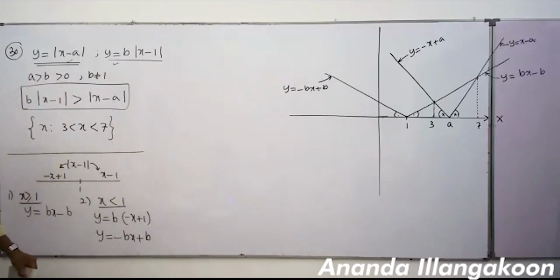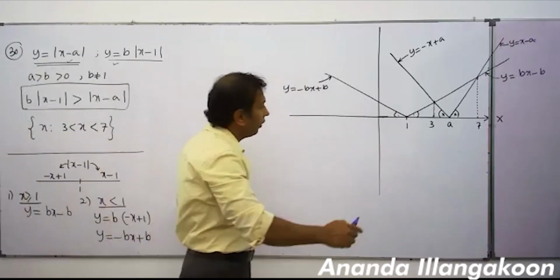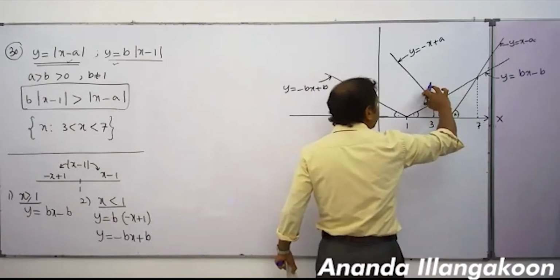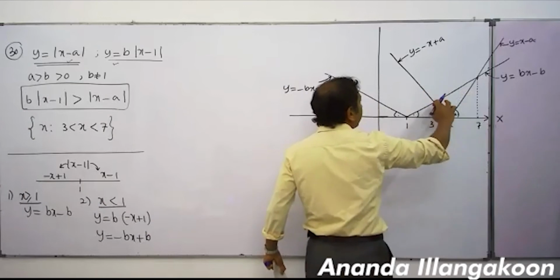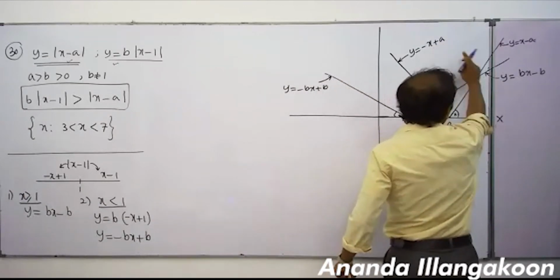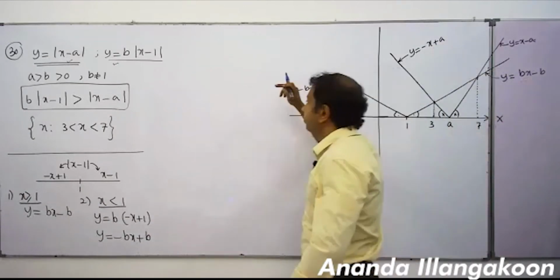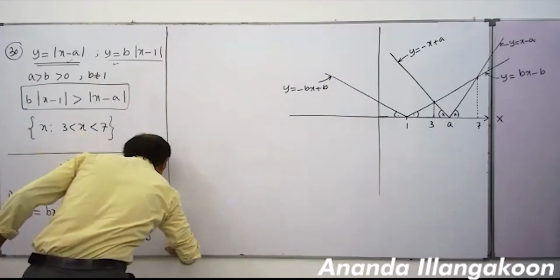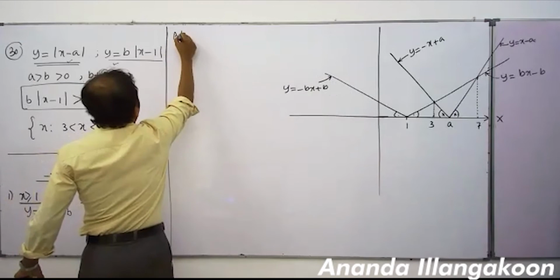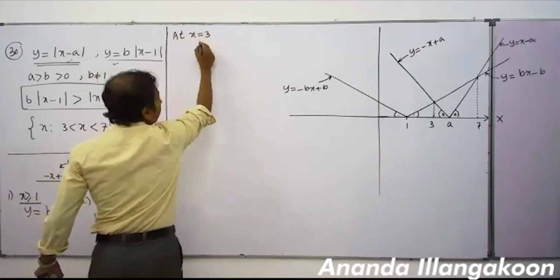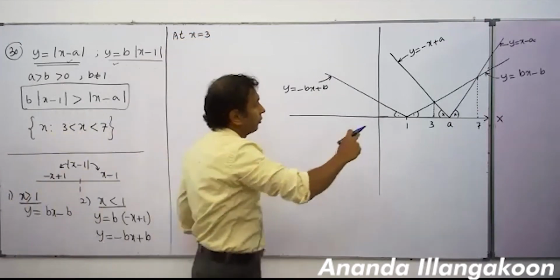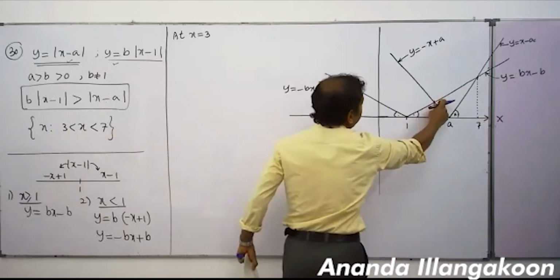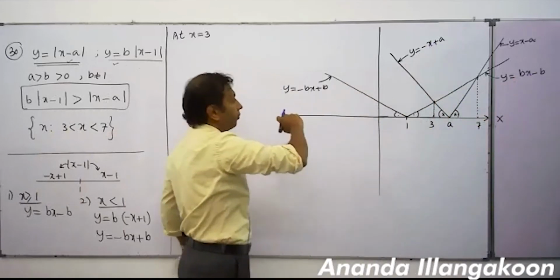Then again, you can see, people, at x equals 3, these two heights are equal. Height of this and height of this being equal. Therefore, at x equals 3, this and this become equal, right? You can write at x equals 3, bx minus b should be equal to minus x plus a.